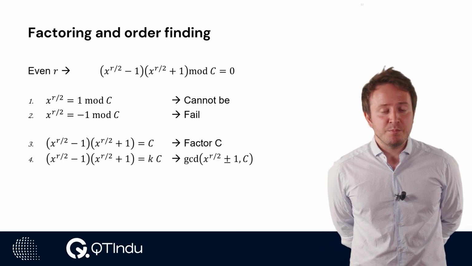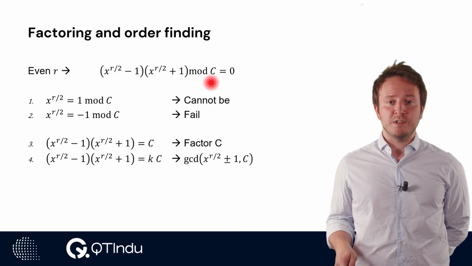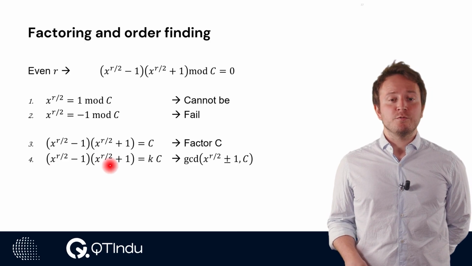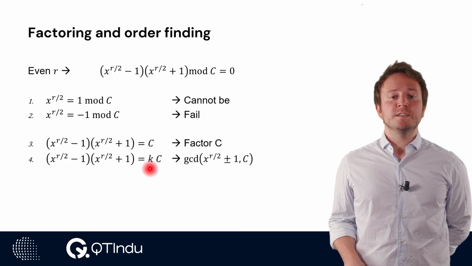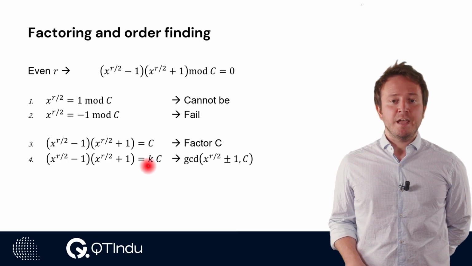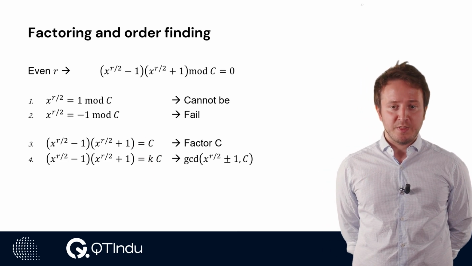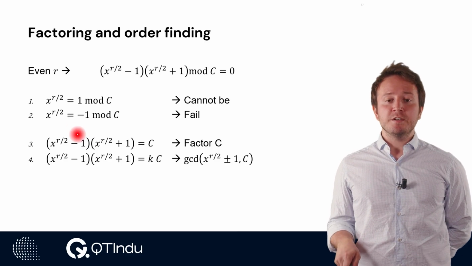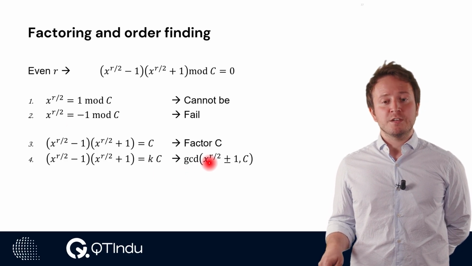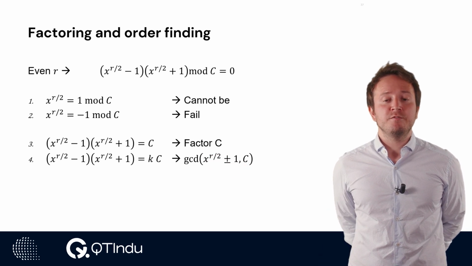The other case that can happen is that because this is an equation modulo the large number, it can happen that the product of those two factors is equal to k times c, where k is just an integer number larger than 2. In this case, we are guaranteed that the greatest common divisor of either x to the r/2 plus or minus 1 and c is a factor of c.